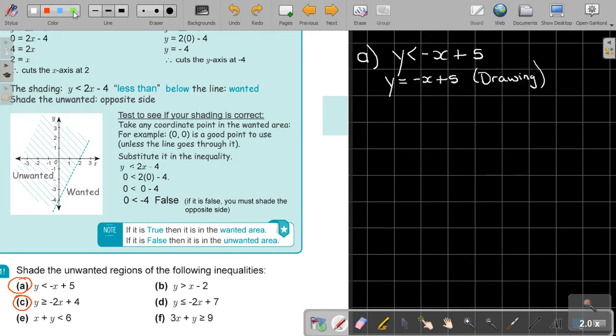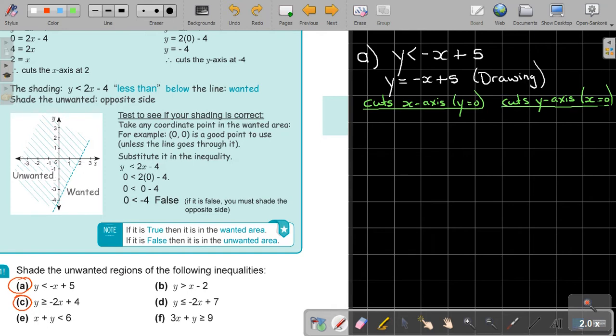And I want to show you again, if it cuts the x-axis, make y 0. I'm going to write this for you first. And when it cuts the y-axis, make x 0.